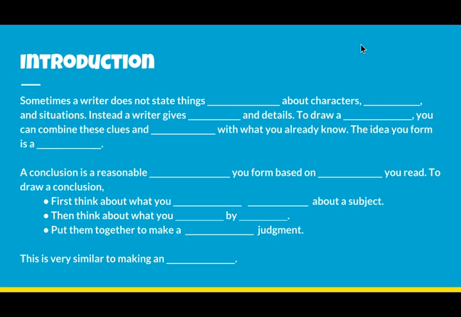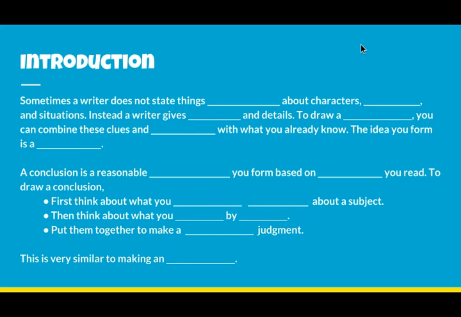Sometimes a writer does not state things directly about characters, events, and situations. Instead, a writer gives clues and details. To draw a conclusion, you can combine these clues and hints with what you already know. The idea you form is a conclusion.